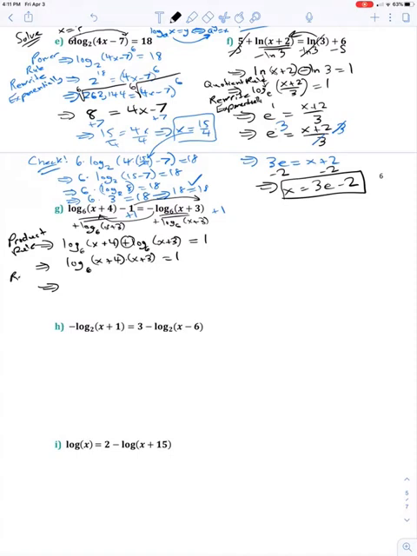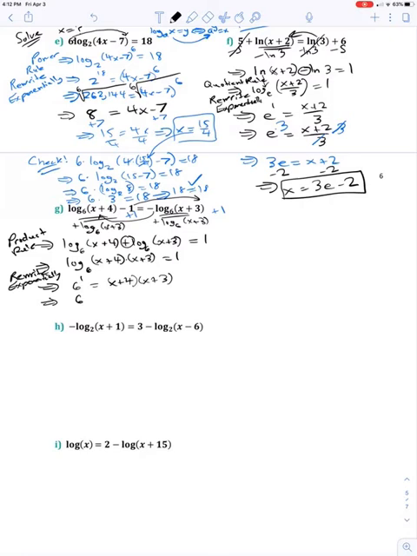And now we're ready to rewrite it exponentially. We're ready to convert it. Now with that said, we have 6 to the 1 power equal to (x plus 4) times (x plus 3).